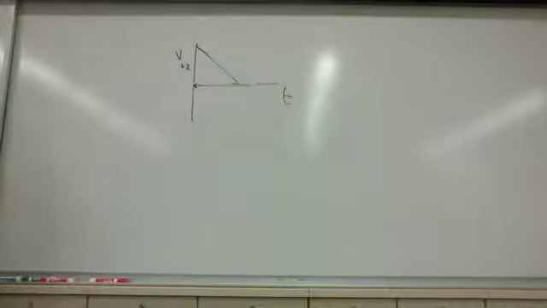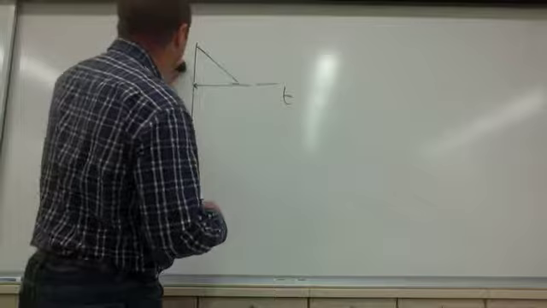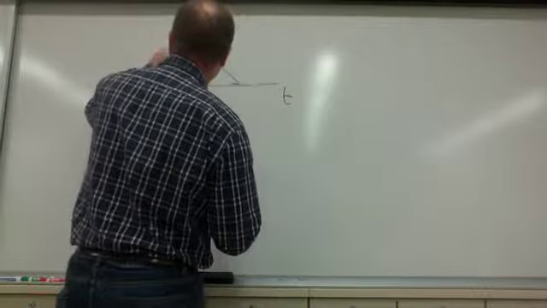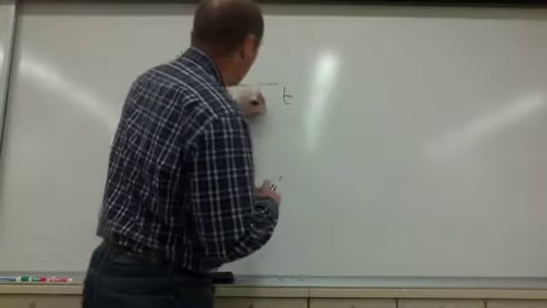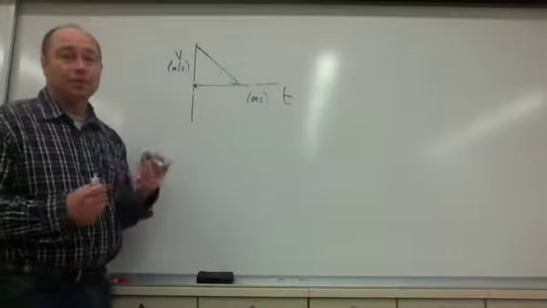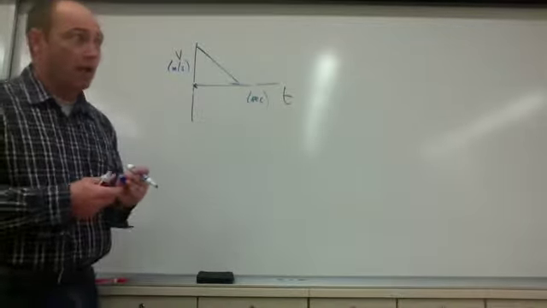The other thing I want you to think about: the velocity will tell you about the motion. But let's say this is meters per second, and this is seconds. You're always going to be asked to look at the slope, look at the area, look at the graph.